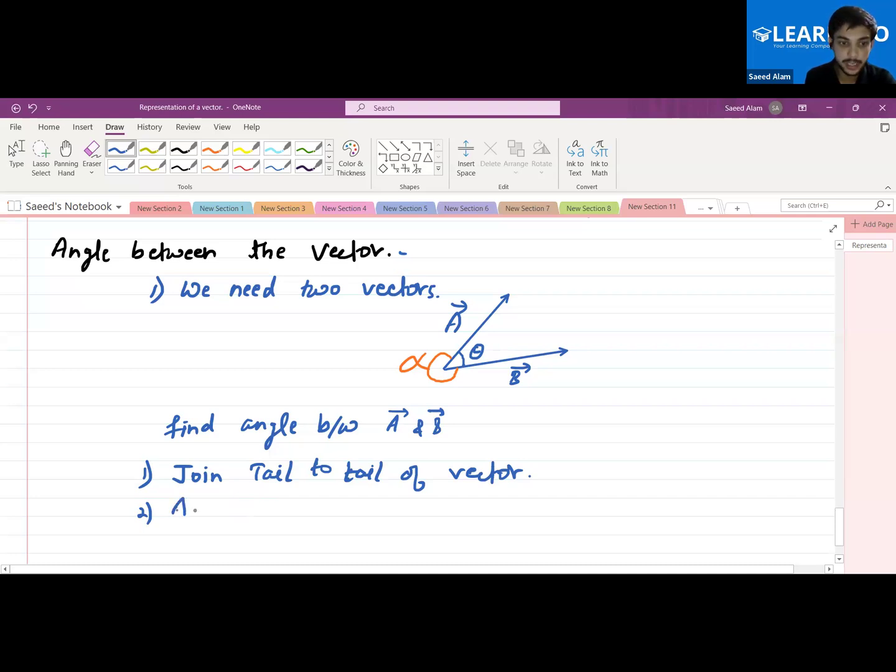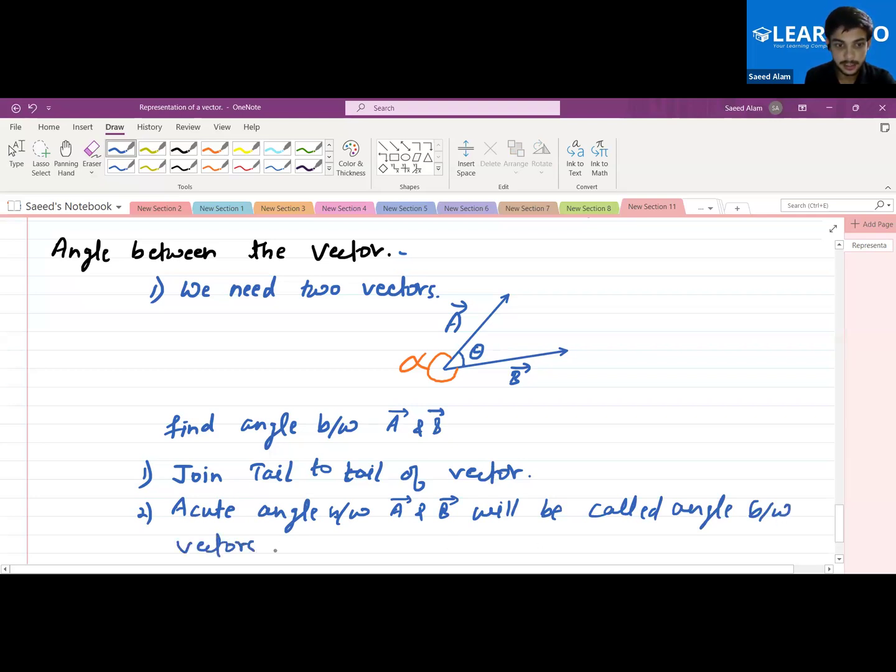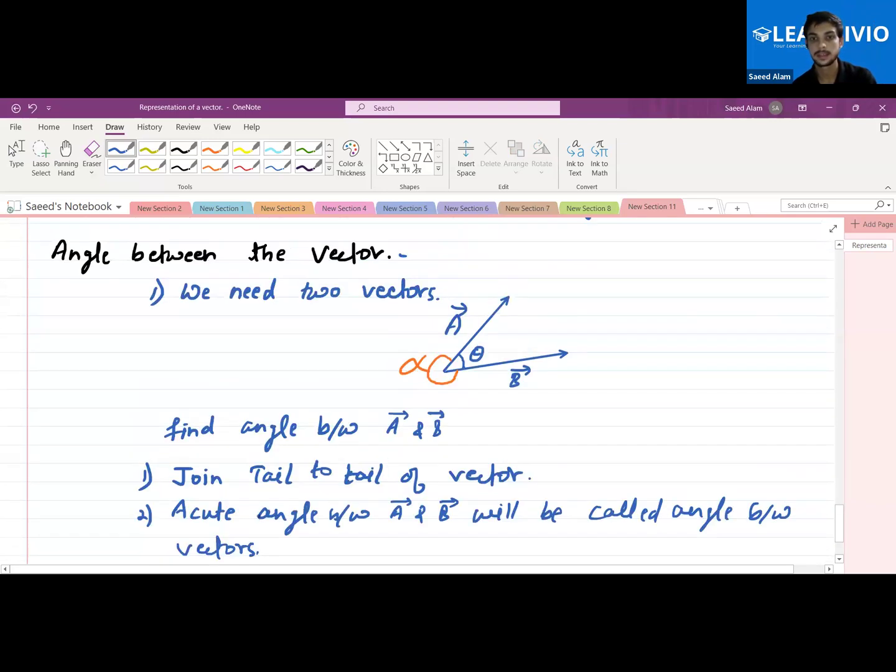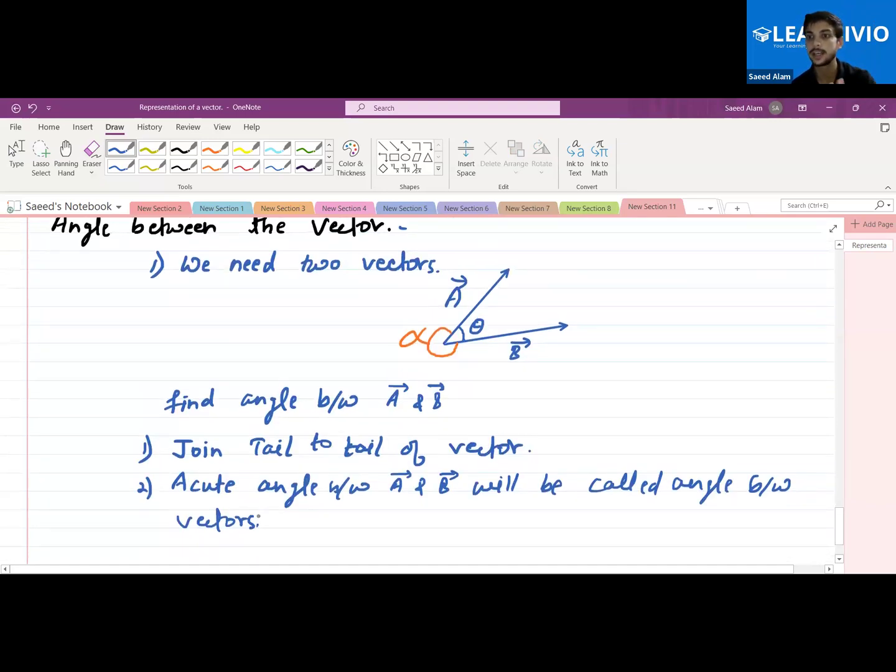We have to report the acute angle between A and B, which will be called the angle between vectors. Understood? Is this clear to you? What is required is that you join the tail to tail and you will get the angle. So I think I should remove this orange one. This theta will be called the angle between the vectors. Understood?